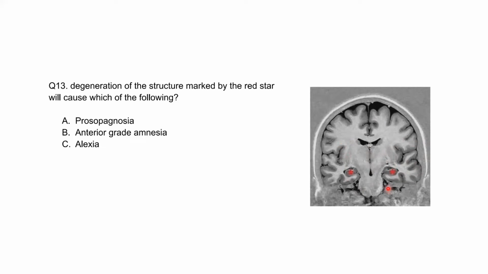Basically what we have here is a coronal MRI, and I don't remember if this was labeled as a CT scan. Point is we have an image of the brain, and it's showing the hippocampus. Now, the reason you can identify this as the hippocampus is because you can see the midbrain below, right? Otherwise, you would have to say that this was the amygdala.